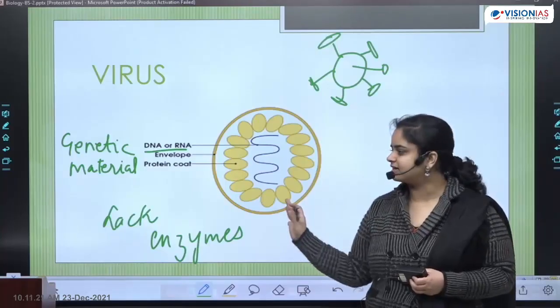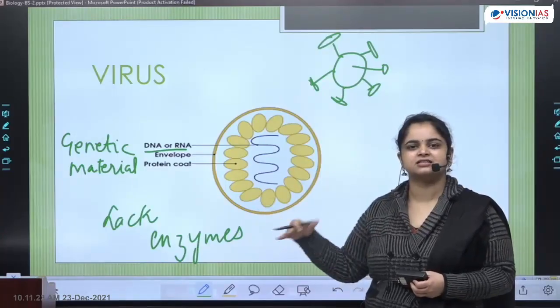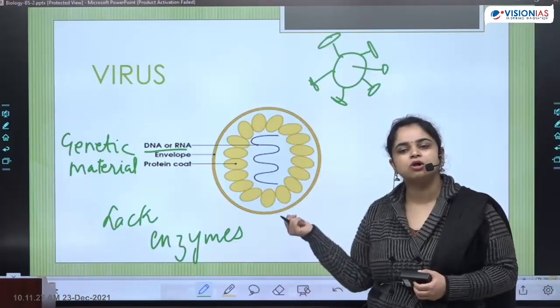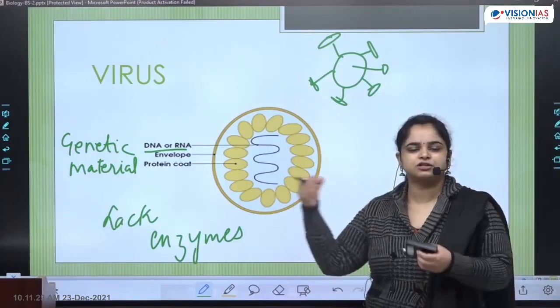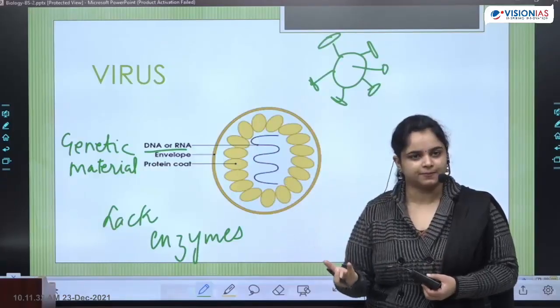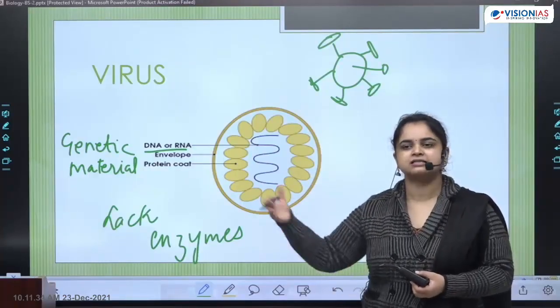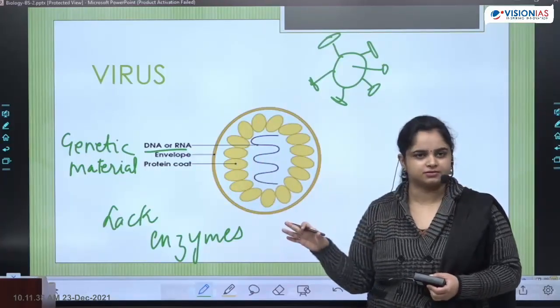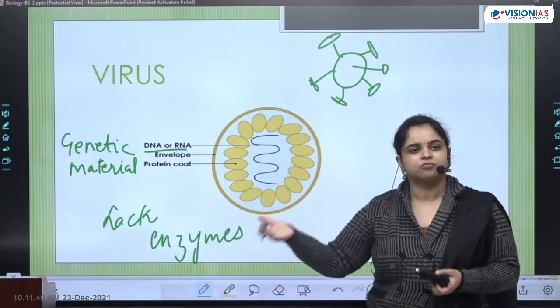So its mechanism, its activity, its life starts after infection. And because it is of an extremely small size, it can infect even the smallest of cells like bacteria. Plants, animals, fungus, bacteria, everything can be infected by viruses. And why do they do this?